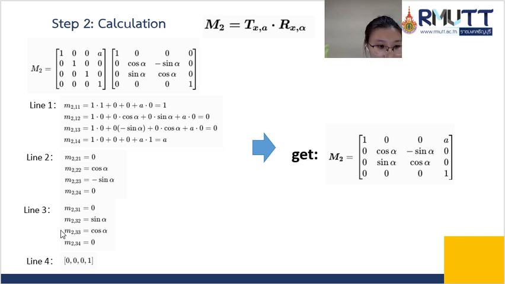The third row is 0, sine alpha, cosine alpha, 0. The fourth row is 0, 0, 0, 1. Therefore, we can get the M2 matrix.